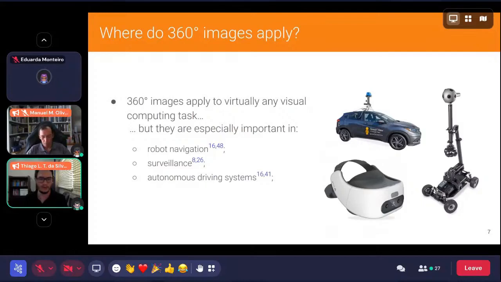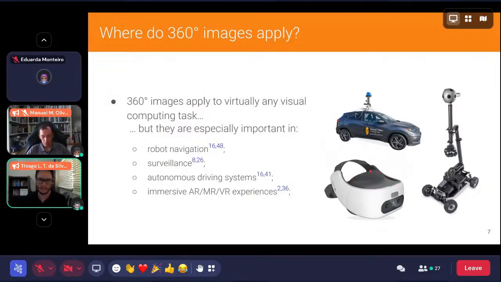And again, we can imagine that seeing everything can be important to this driving system, as it will not do what it should not do. And one of the most common applications is in the area of AR, augmented reality, mixed reality, and virtual reality, where users use this kind of device for visualization.